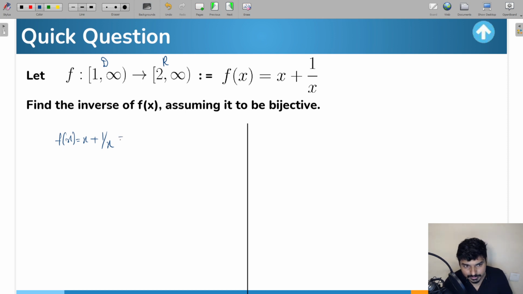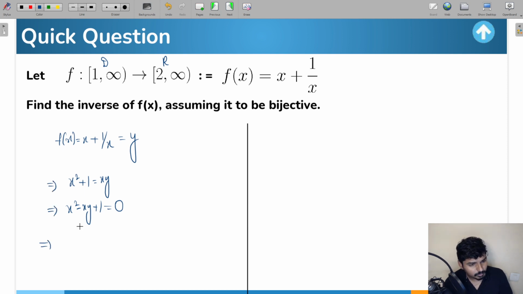To find the inverse of the function, guys, the first step would be to write x in terms of y. So how do we do that? Very simple, you see, x square plus 1 equals xy. If you cross multiply, I'm going to get x square minus xy plus 1 equal to 0. This is what you're going to get.